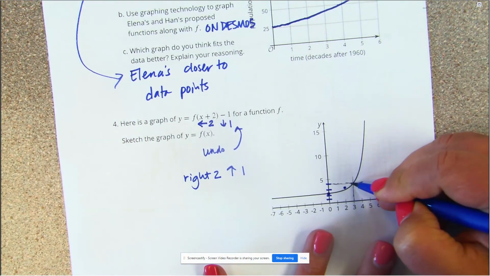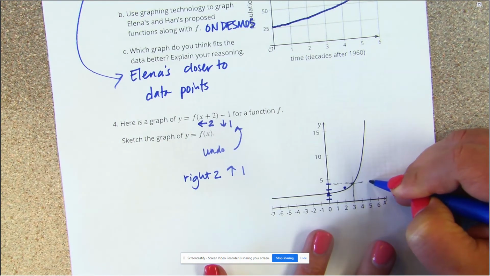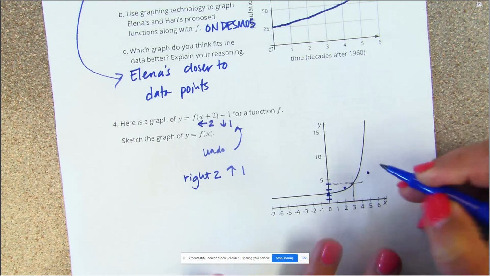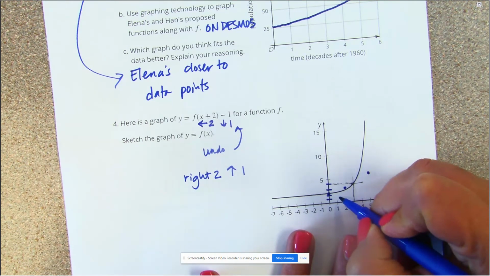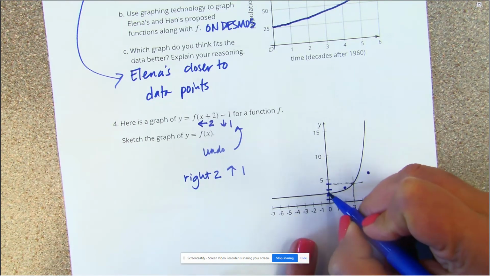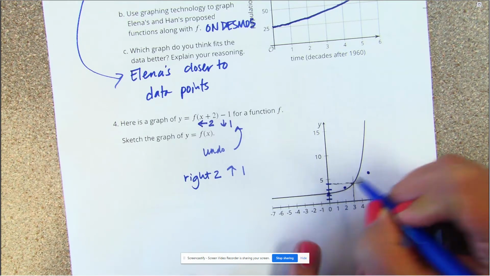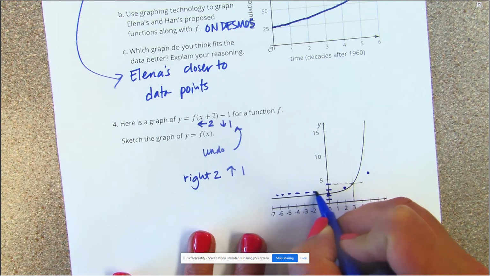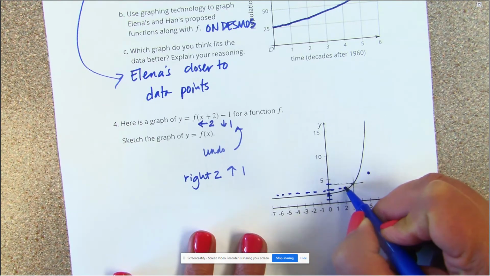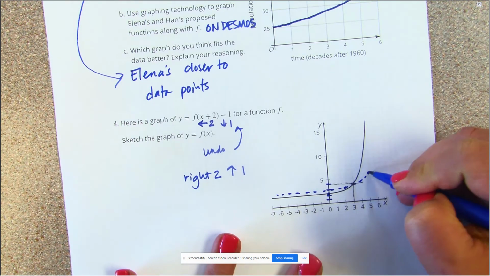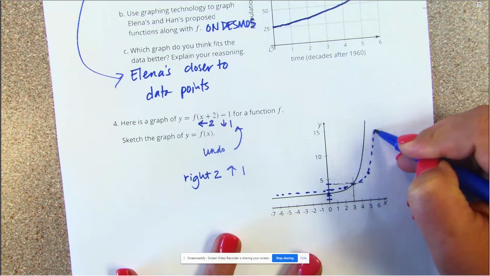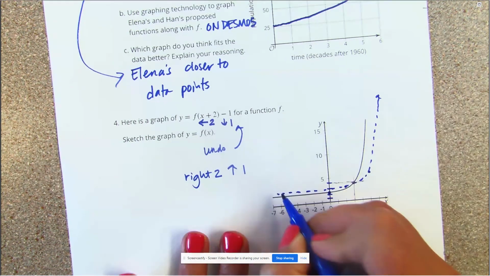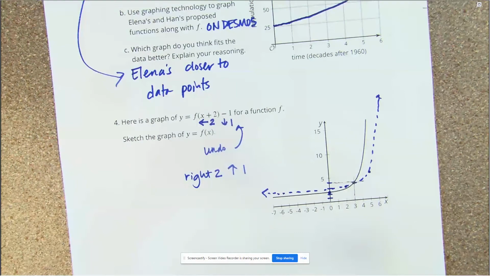So right 2, boom, boom, up 1. And this, in general, right 2, up 1. All right, moving on.